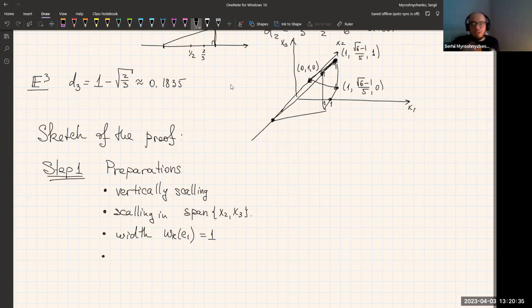Moreover, we can adjust or maybe rotate our convex body in such a way so the projection of our center on the first coordinate direction is going to be on the right from the center of our projection.